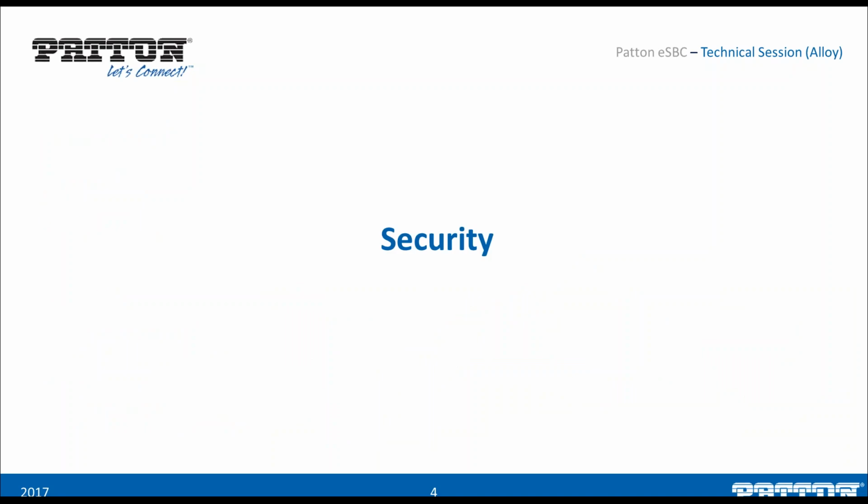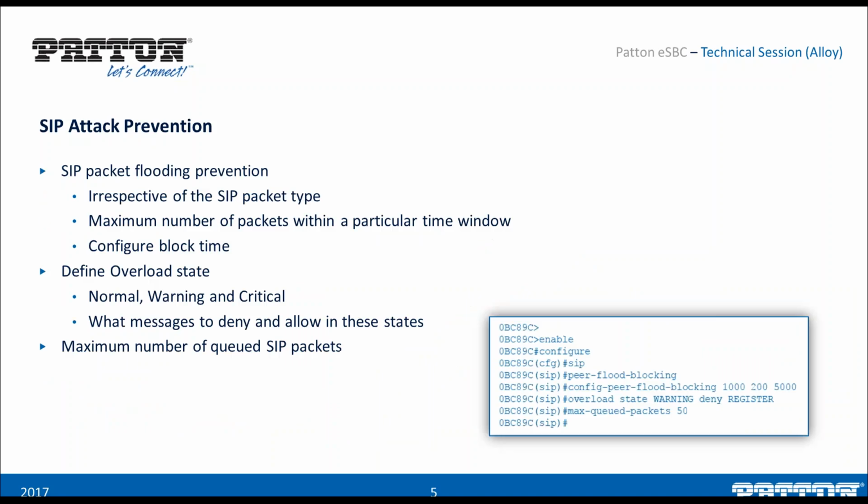Now, if we talk about security, how Patton session border controllers can provide security, the first and foremost thing is SIP attack prevention. We talk about malicious attacks. You can configure the device so that in case somebody is trying to flood your network with SIP packets from outside, this device can prevent it.